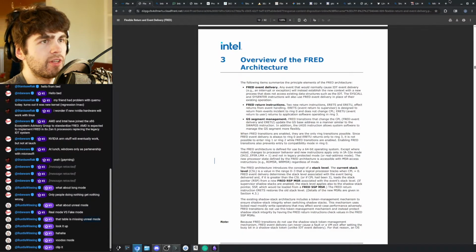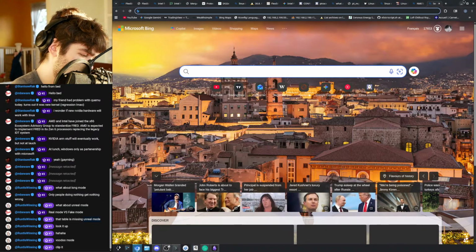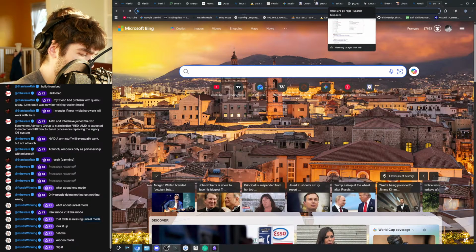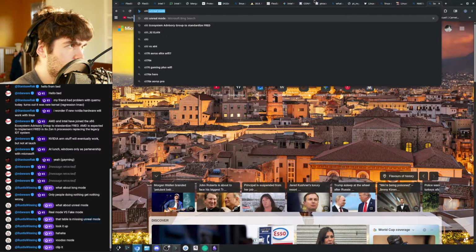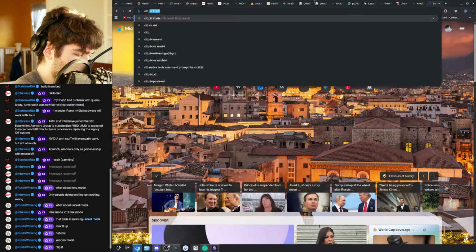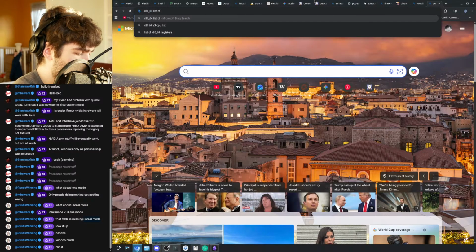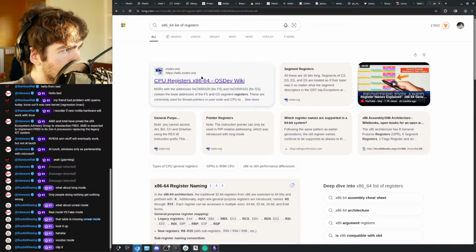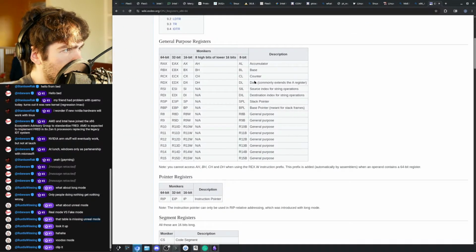Can we find a good thing that describes all the registers? Like, can I have an x86-64 list of registers? Oh! The fuck am I supposed to do with this?